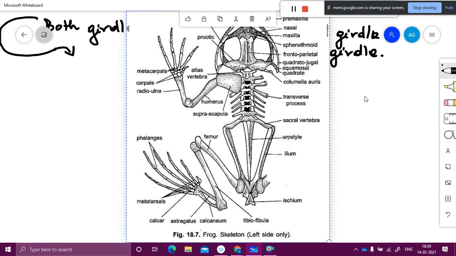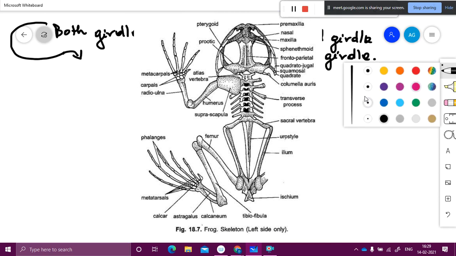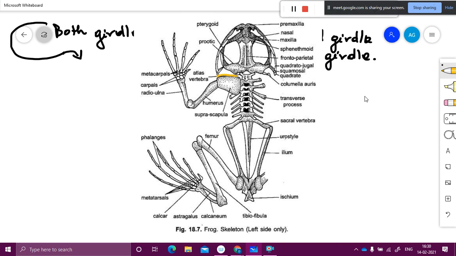You see, let's draw it in a lighter color. Drawing it in yellow. So this is the pectoral girdle, suprascapula, and you have the pelvic girdle here.